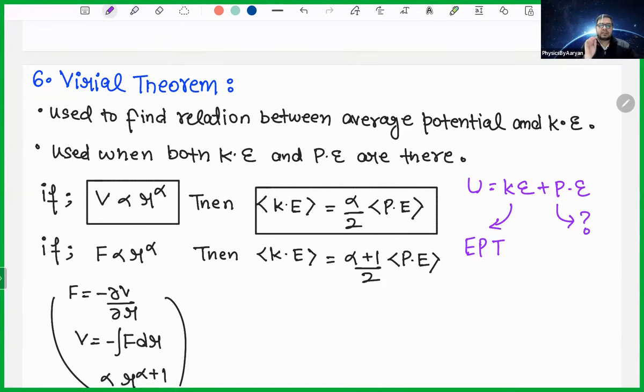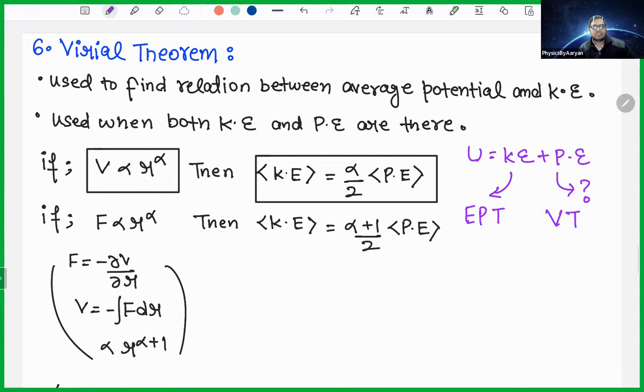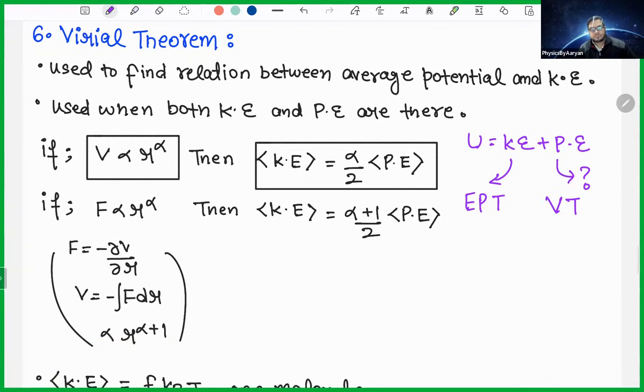I have already calculated kinetic energy, and potential energy can be calculated using the virial theorem, because virial theorem gives you the relation between average potential energy and average kinetic energy. Because you already know kinetic energy, and if someone gives me the relation between kinetic and potential, then I can also find potential energy.